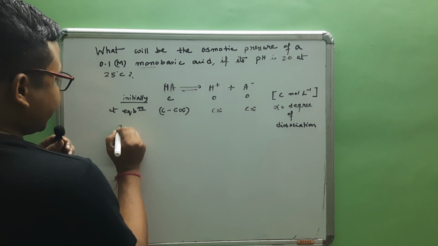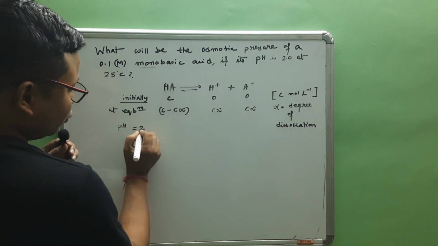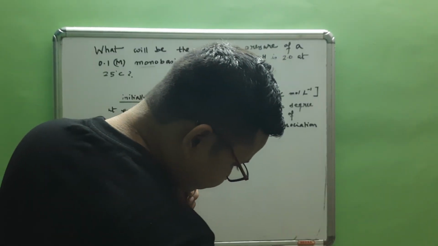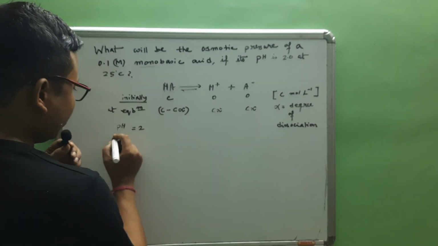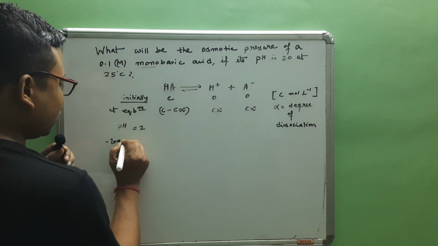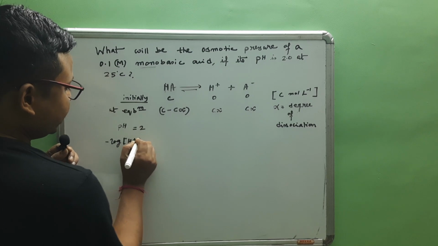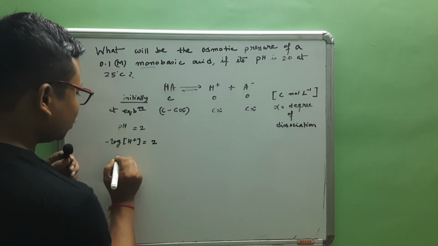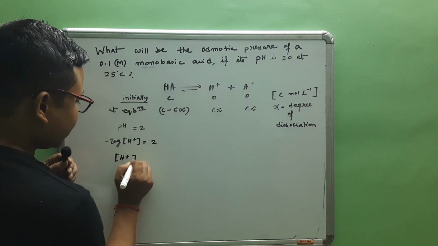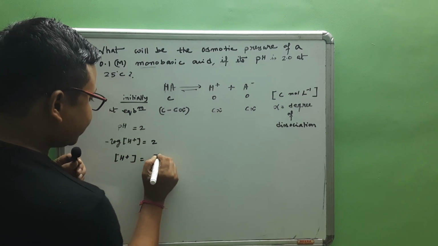The pH is given as 2, that is, minus log of concentration of H plus ion is 2. So the concentration of H plus ion equals 10 to the power minus 2.